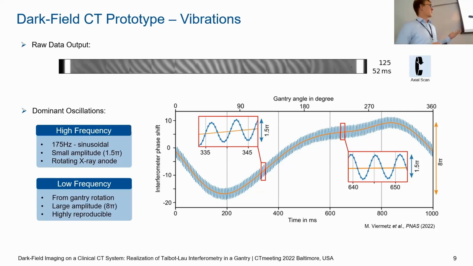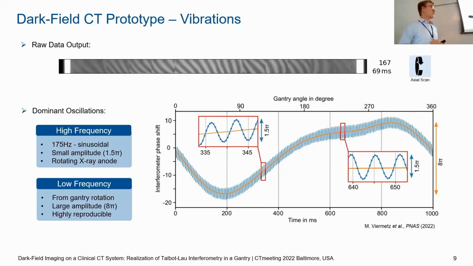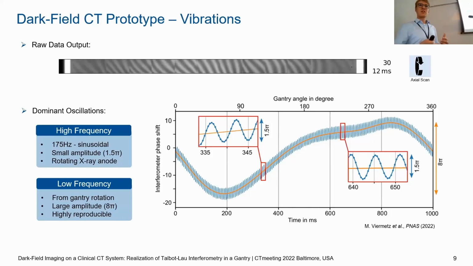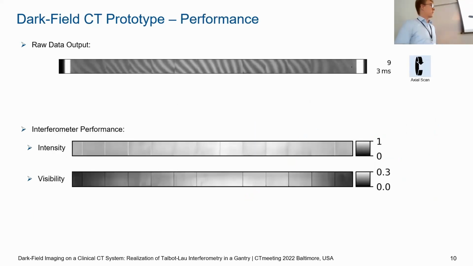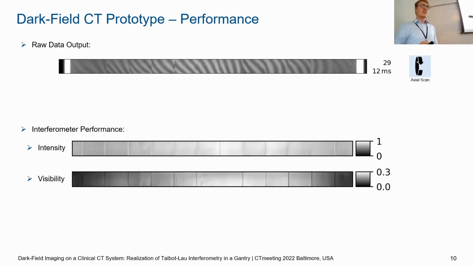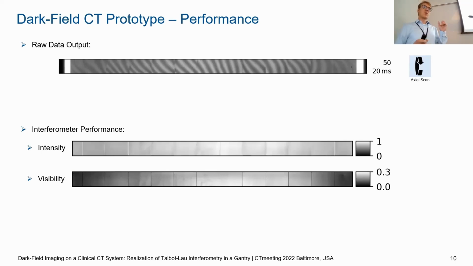So now let's talk about the performance of this interferometer, because this is really important for the dark field imaging process afterwards. And this is quantified or characterized by the contrast of this moire pattern, so the visibility of this pattern. And there we find that in our implementation, we have a mean of 22% visibility in the central half of the interferometer.